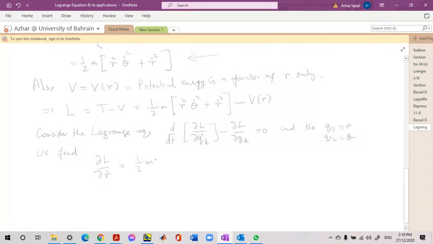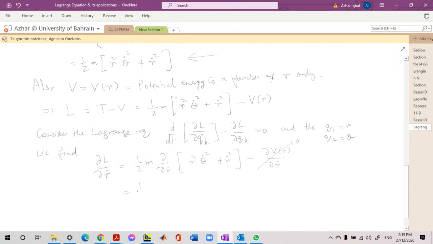So what you find from the equation above is 1/2 m. You are partially differentiating this part with respect to r dot, so what you get is partial over partial r dot of r square theta dot square plus r dot square, minus partial V of r over partial r dot, and of course this is going to be 0.